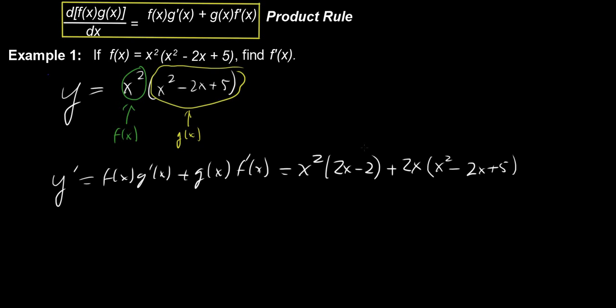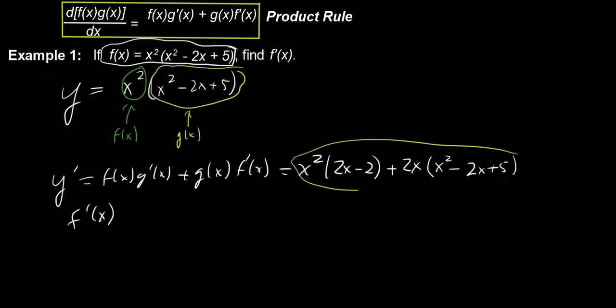So at this point, I've taken the derivative of this original function here. But now I'm going to simplify it, right? So at this point, I'm going to just say f prime. And to simplify what I have here, of course, I would distribute and then combine like terms. So when I distribute here, let's see, I have x squared times 2x minus 2. That will give me 2x cubed minus 2x squared.